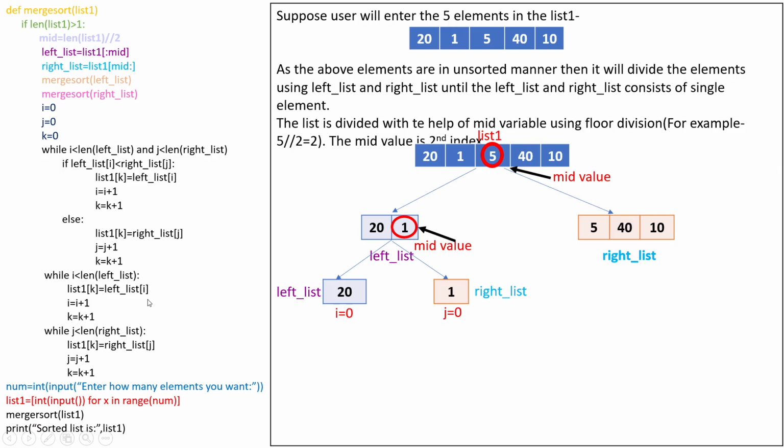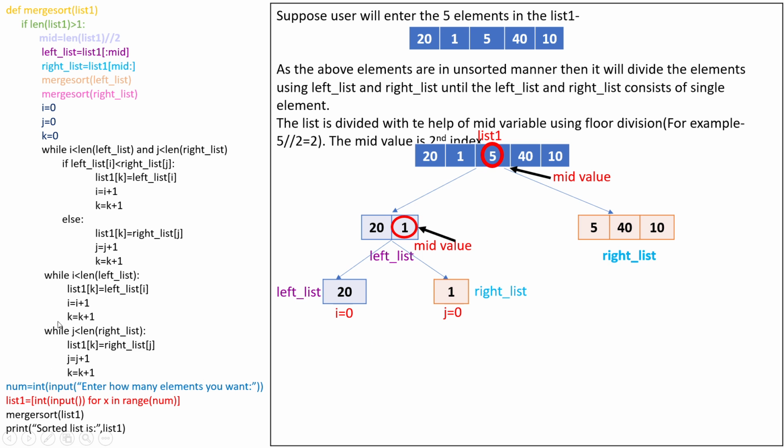Left list of 0. At the 0th position I have 20. So at my first position of K, 20 will be placed. So K is having at the 0th position 1 element, and at the first position I am having 20 as element.